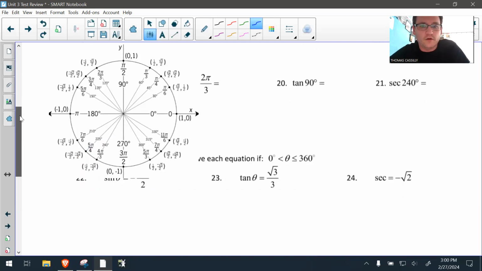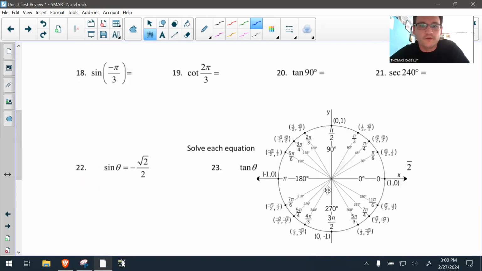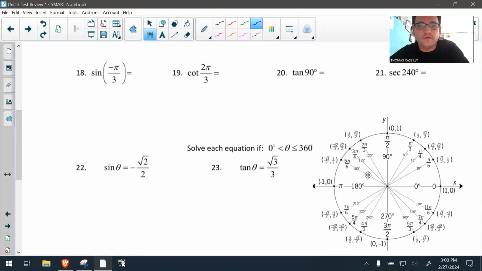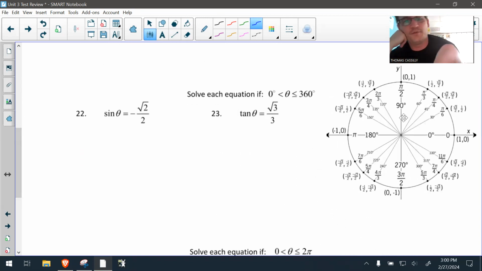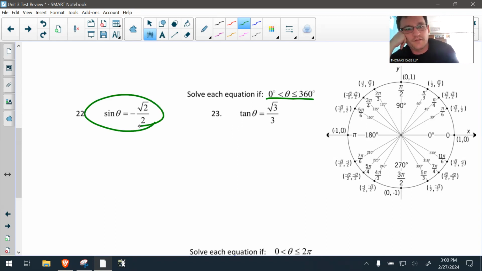Moving right along, we have to solve each equation if our angle theta is between 0 and 360. So what we have to do is look for sine values. Sine goes with the y value. We need to find those y values that are negative square root of 2 over 2.